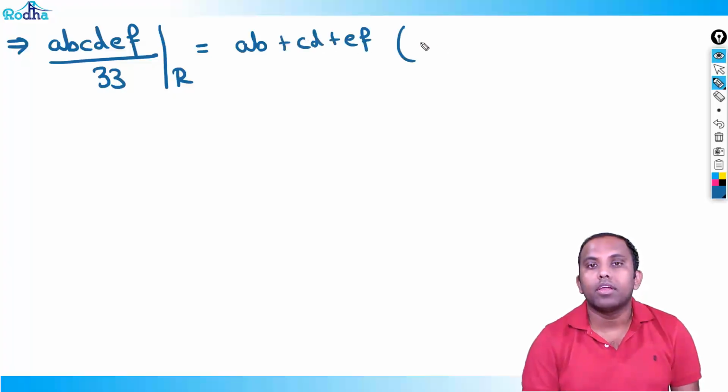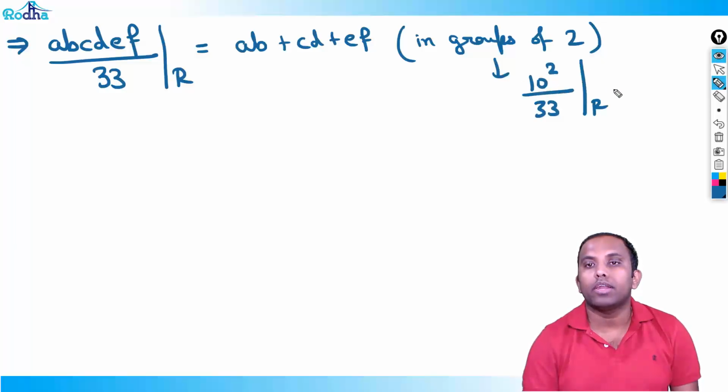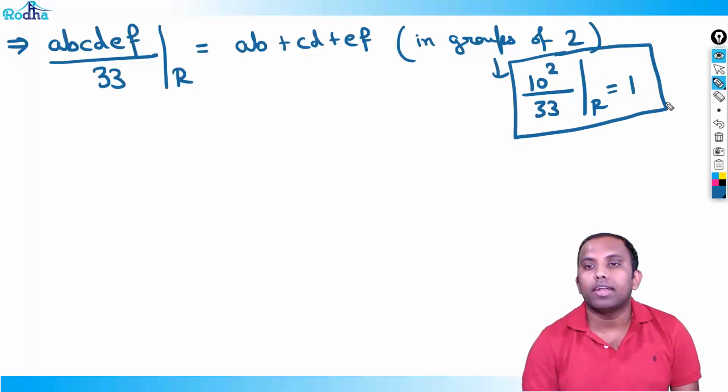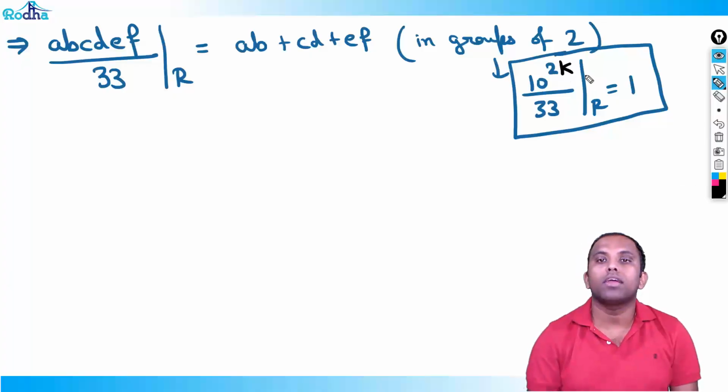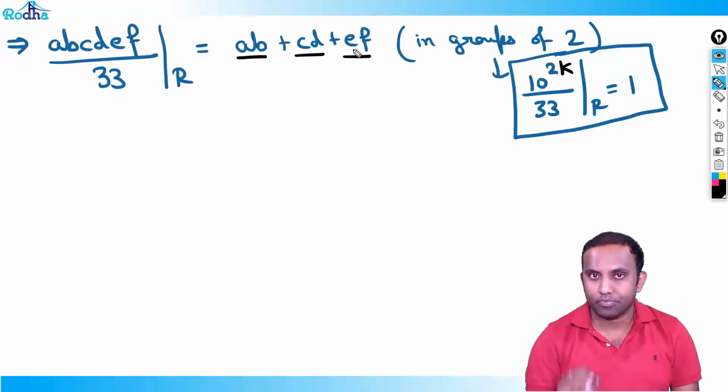That means in groups of 2. Why in groups of 2? Because 10 square by 33 will give me a remainder of 1. So I can directly write 10 raised to 2k, because every multiple of 10 square will give me a remainder of 1 when divided by 33. So 10 raised to 2k form. That's why groups of 2.